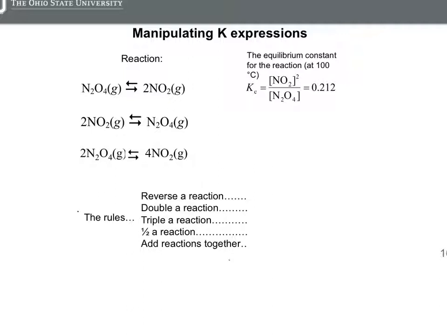Okay, so now we have N2O4 in equilibrium with 2 NO2. So this is the reverse reaction of the one that I showed you with the brown gases, the bottles. And K sub C for this is equal to 0.212. I think it's actually 0.211.